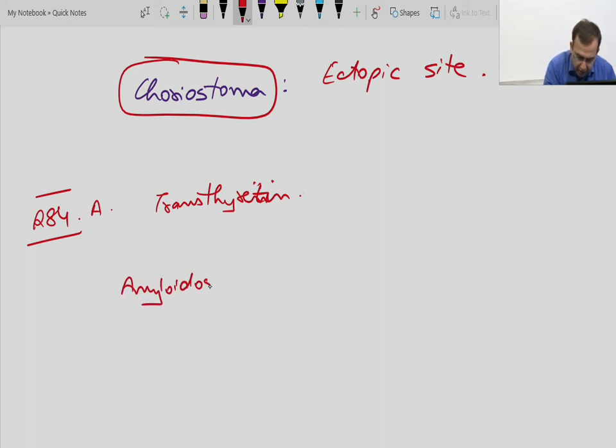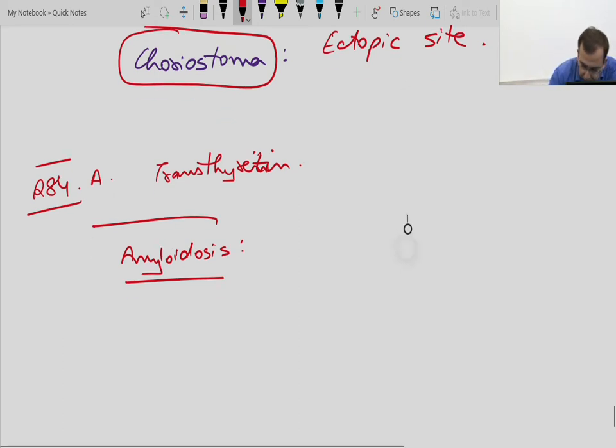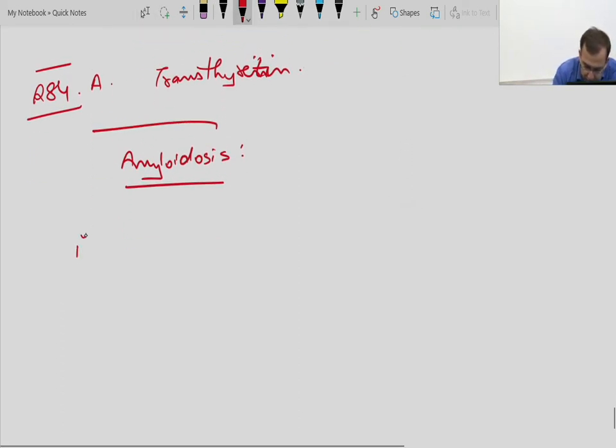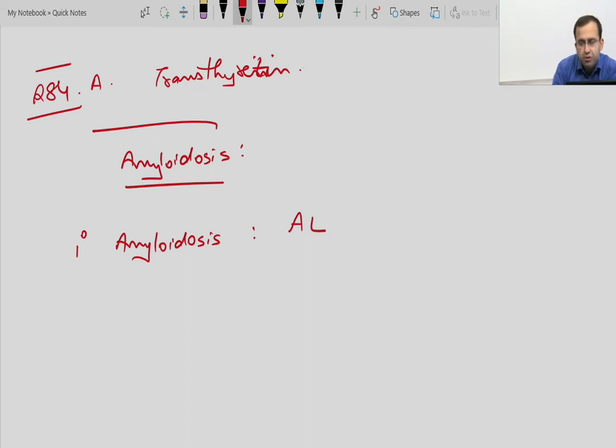This was again a standard easy topic, amyloidosis. Let us see the types of amyloidosis with the protein associated. Starting with primary amyloidosis, it is associated with deposition of AL, amyloid light chain.